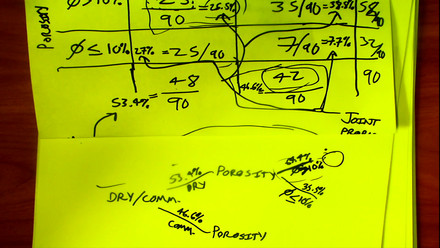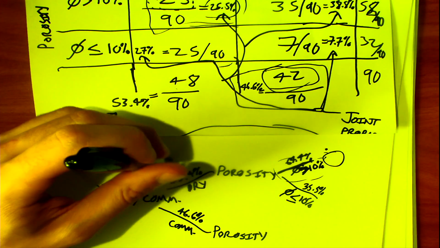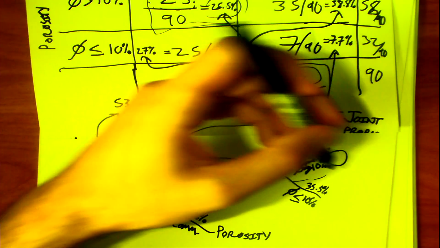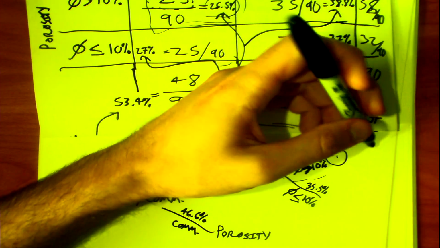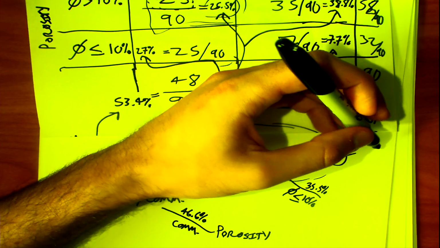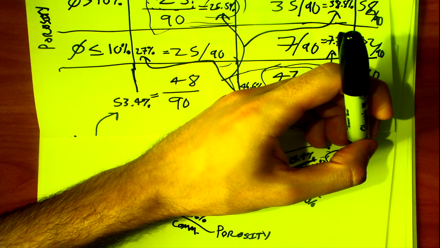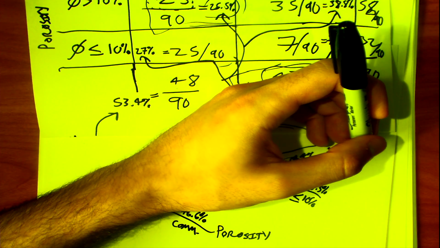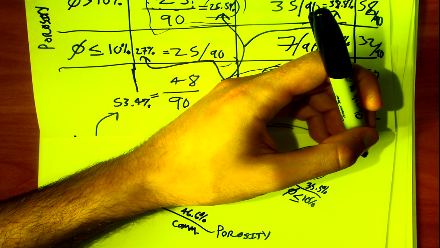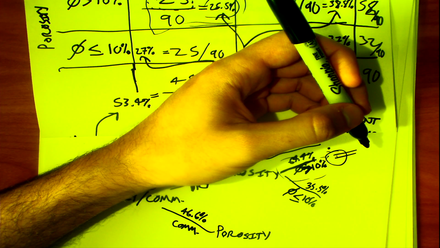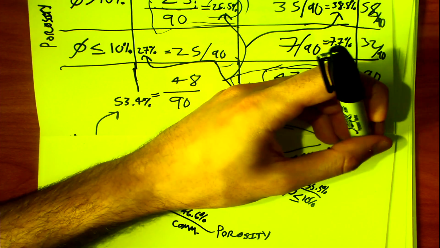If we walk through this and multiply those together, what's the probability of arriving at this end here? 65 times 34.4%.